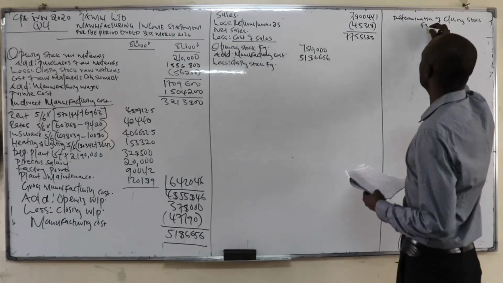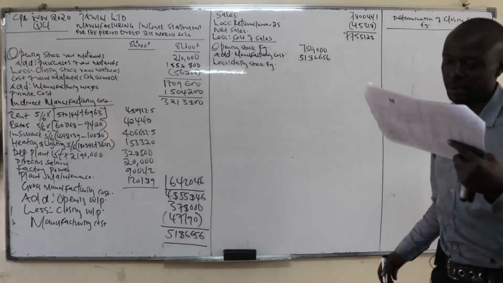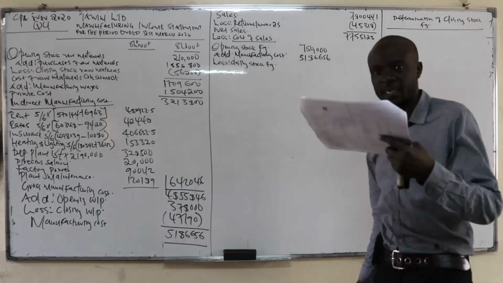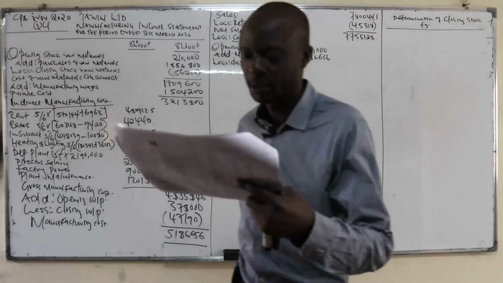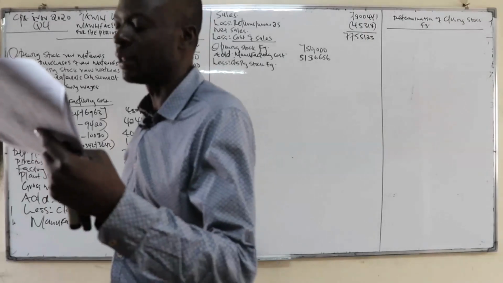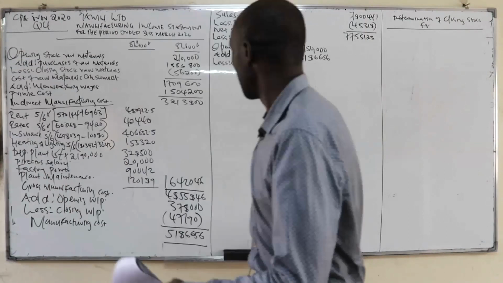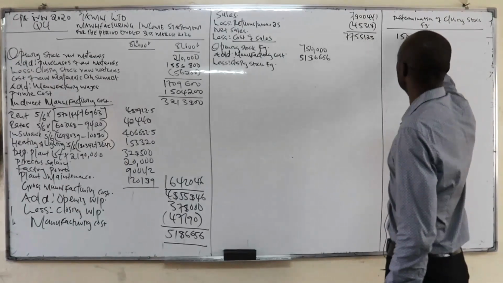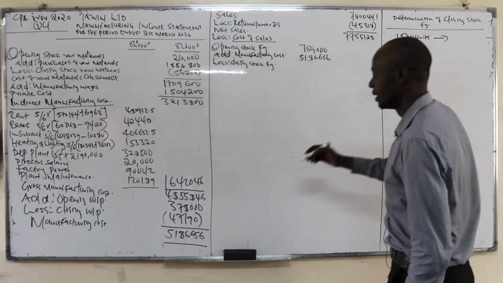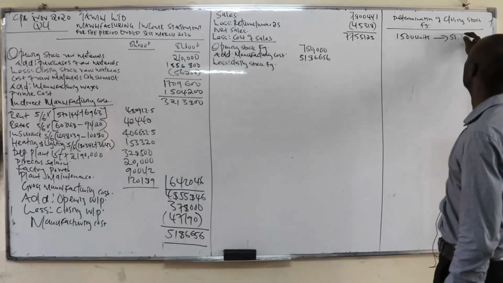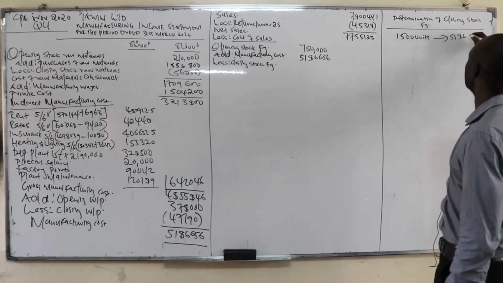So you have been told in note number 8. Can we go to note number 8? The factory produced 1,500 units. Only 100 units were in the inventory at that first March. So now the cost of producing 1,500 units is 51,86,656.